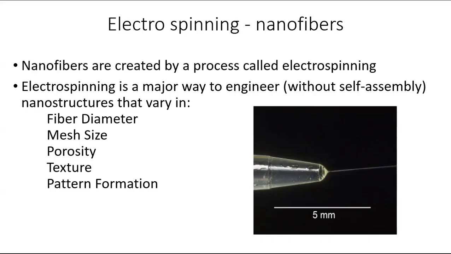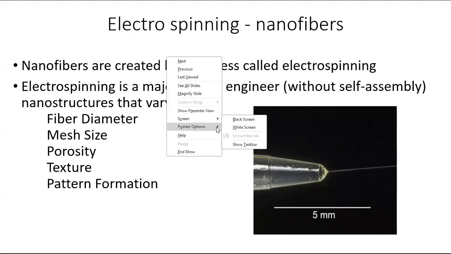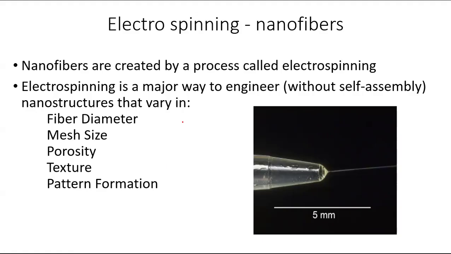The term implies that you basically use an electric field. In this mechanism, you have the syringe needle tip, which can conduct electricity, and you have the polymer solution, which you pressurize or extrude through the needle tip.